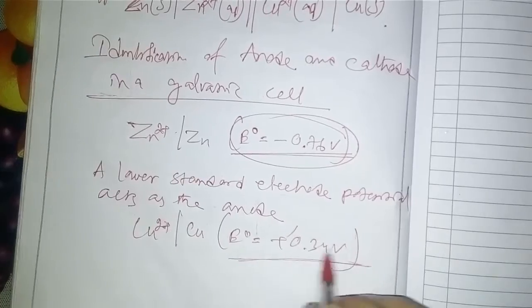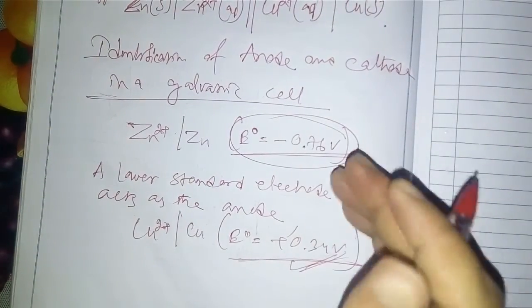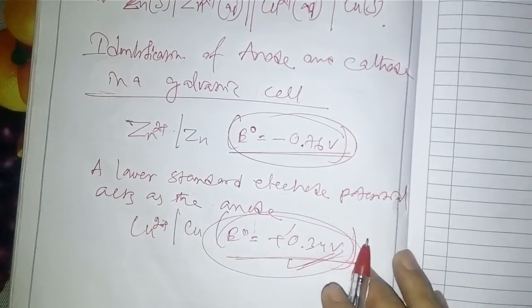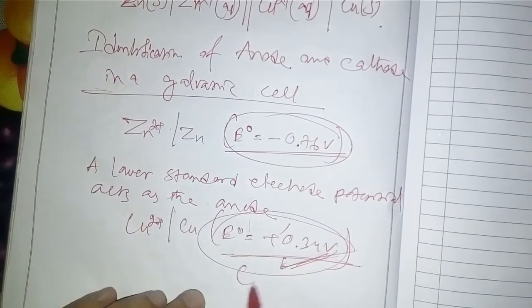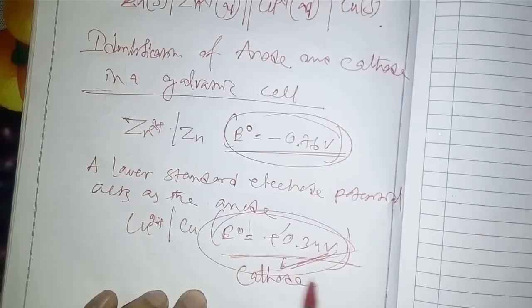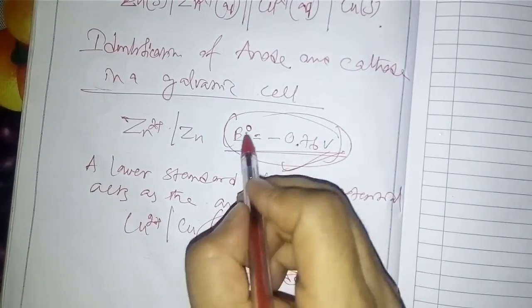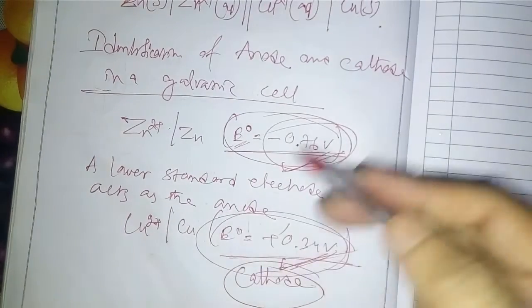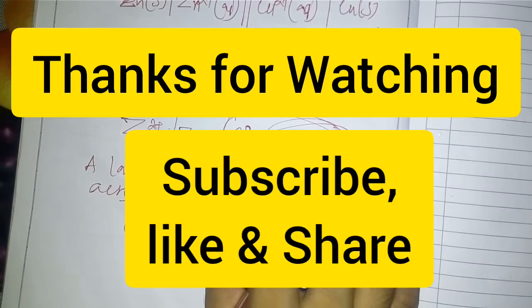If it has a plus sign, that means higher standard electrode potential, and the higher standard electrode potential acts as the cathode. Why is this one the anode? Because it has the lower standard electrode potential. And if higher, it is the cathode. Like this you can also identify.